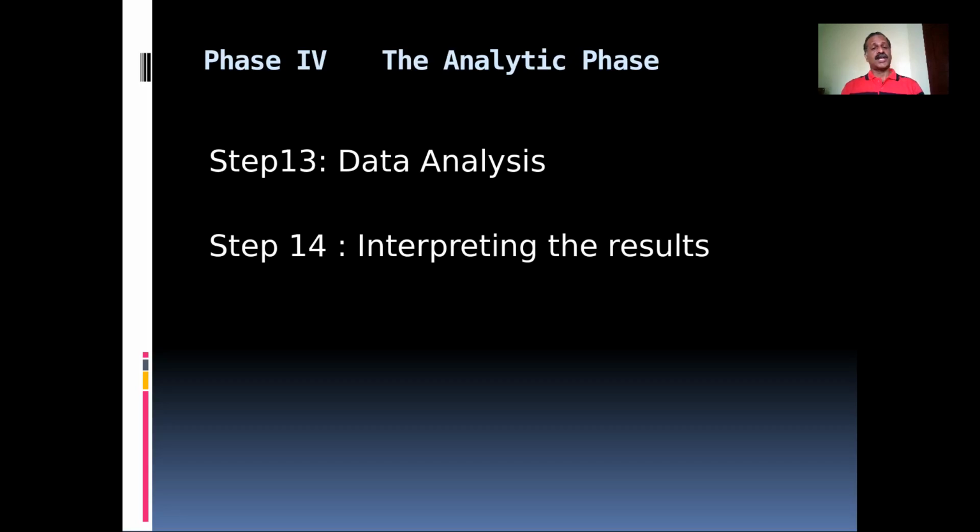It can be done manually for the UG students, or there are a lot of statistical packages available. Once you enter your data into the computer data sheet, the package will analyze and will give your results. But we have to choose which analysis should be done, how you have to enter the data. So that basic background knowledge is needed for the researcher.